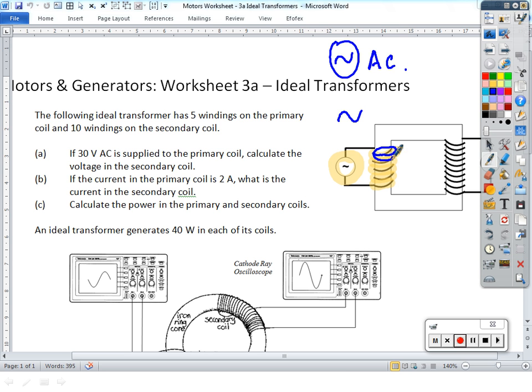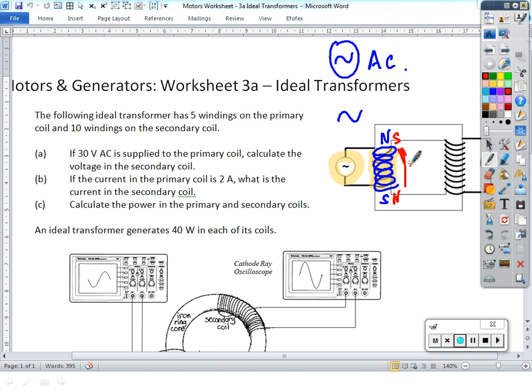A coil of wire, as Becca told us last week, when we place a current through it, is called a solenoid, or an electromagnet, same thing. And therefore, it has a north at one end and a south at the other end. But if it's alternating, what happens to the north and the south? Right, it changes backwards and forwards, it flips.